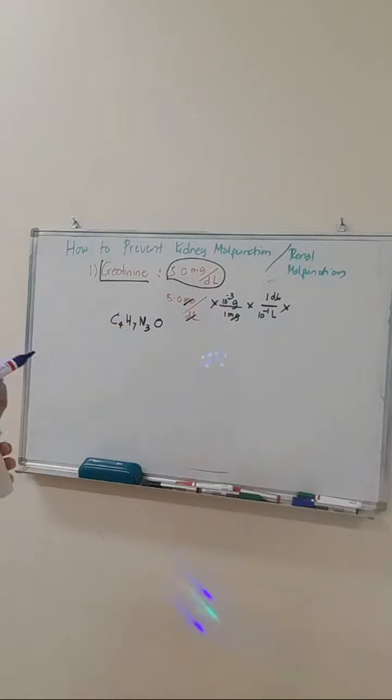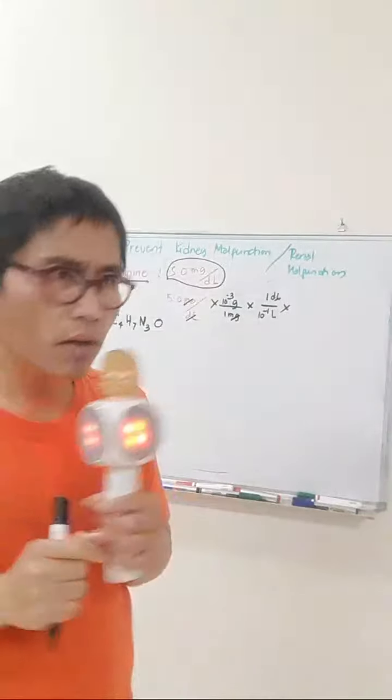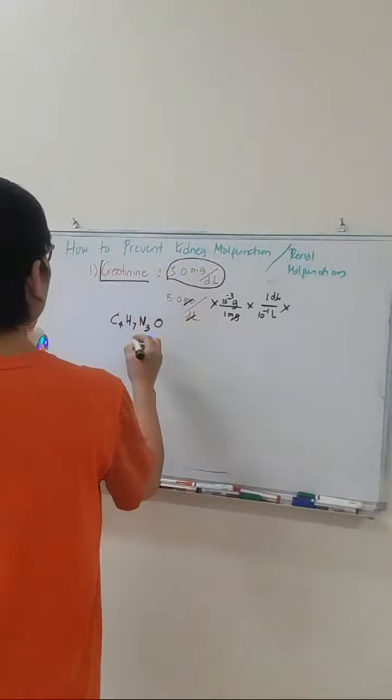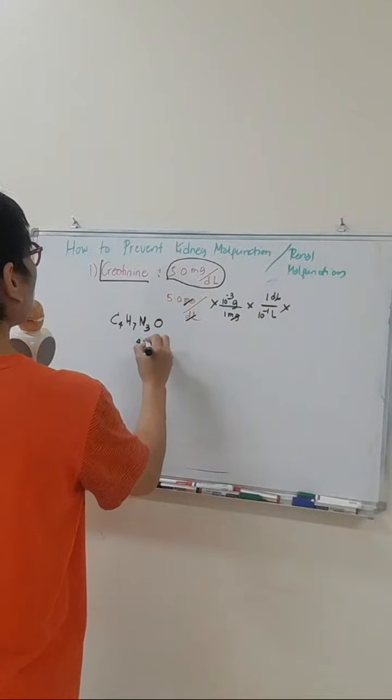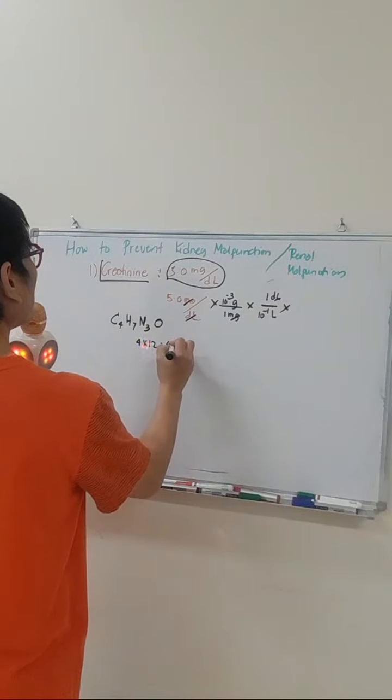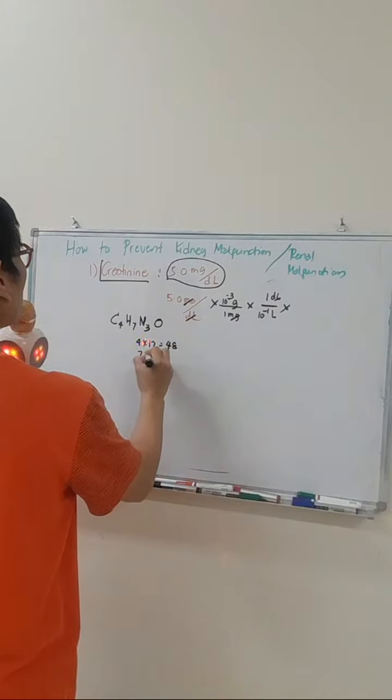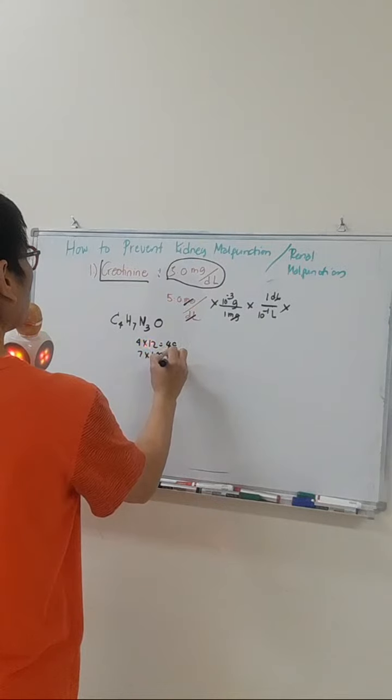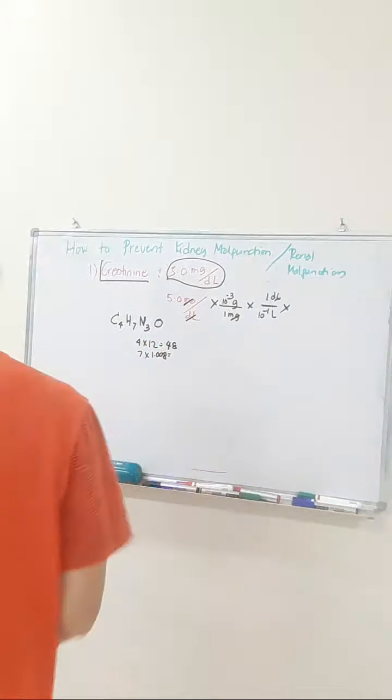What is the molecular weight for this? 4 times 12 is equal to 48. 7 times 1.008 is equal to how much?